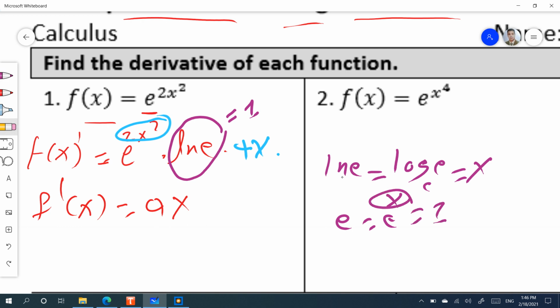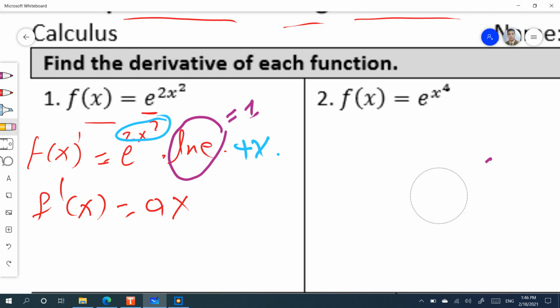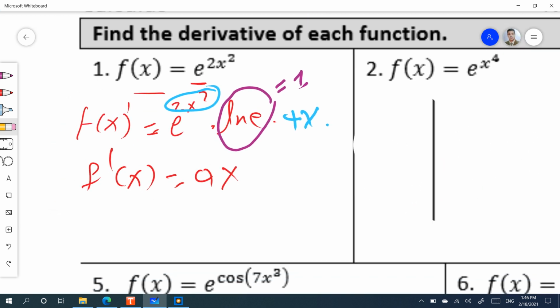I think it is clear. Therefore the natural logarithm of e always equals 1, and the derivative of this function equals 4x times e to the power 2x squared.